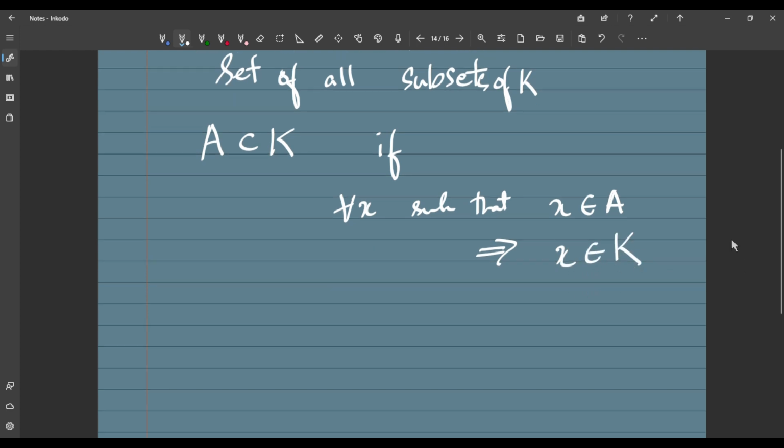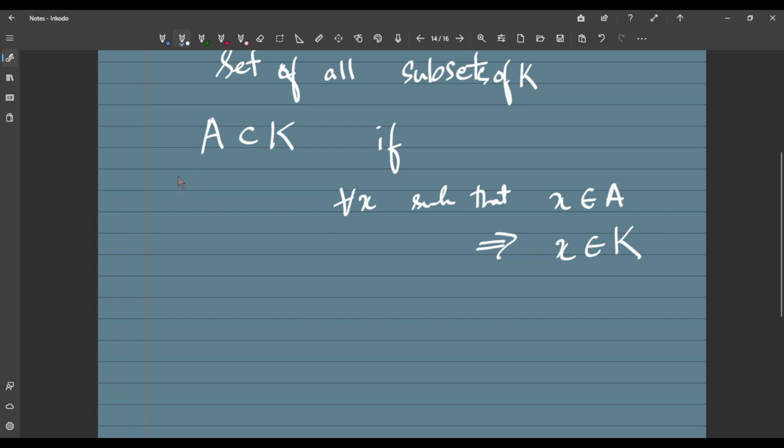So we also say that A is contained in K. We read this as A is contained in K. A is a subset of K, whatever you want to call it. And by definition, it means that each and every element of A has to be contained in K.